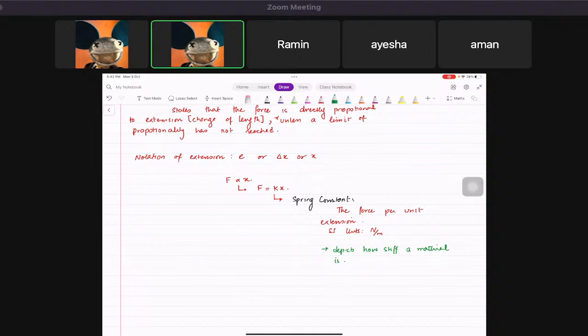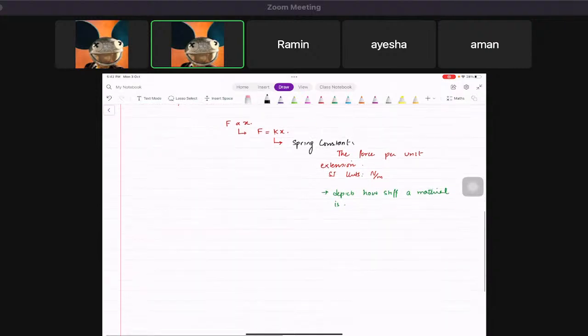Now, before we go on to check out its graph, I just want to point out a few things, and these are not really required. You may or may not draw them, it does not really matter. There will be three different words that they're going to use. The first one is directly proportional, then proportional, and then inversely proportional. So these are the three words. Okay.